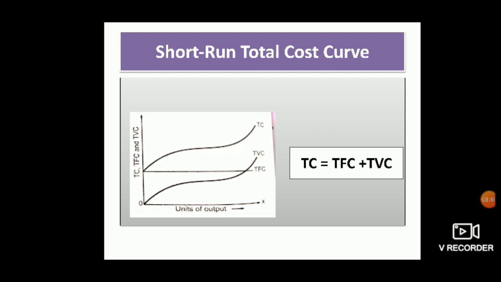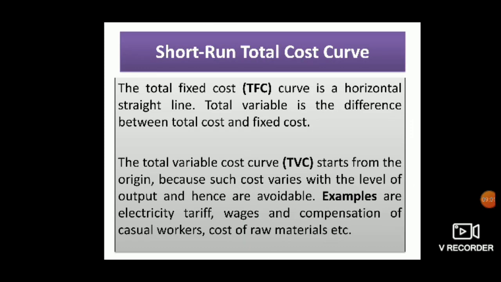The total cost curve has been obtained by adding vertically the total fixed cost curve and the total variable cost curve. Okay. So TC is equal to TFC plus TVC. The total fixed cost curve is a horizontal straight line. Total variable cost is the difference between total cost and fixed cost.